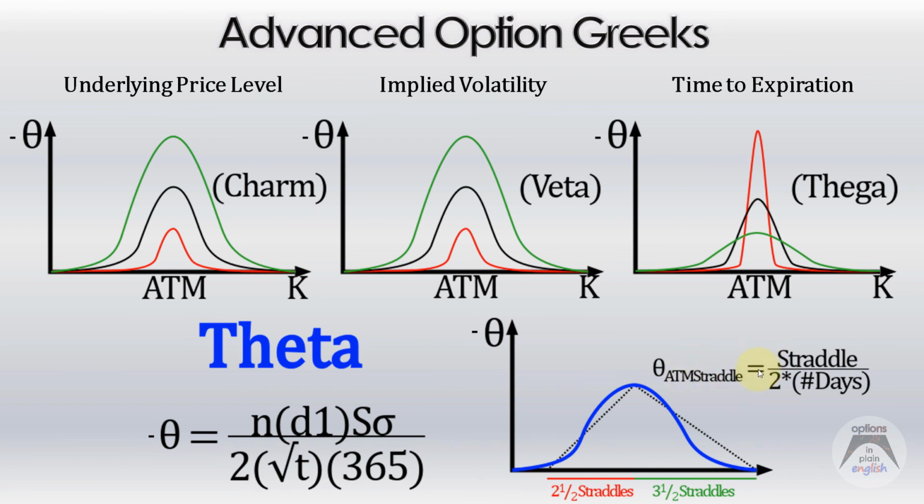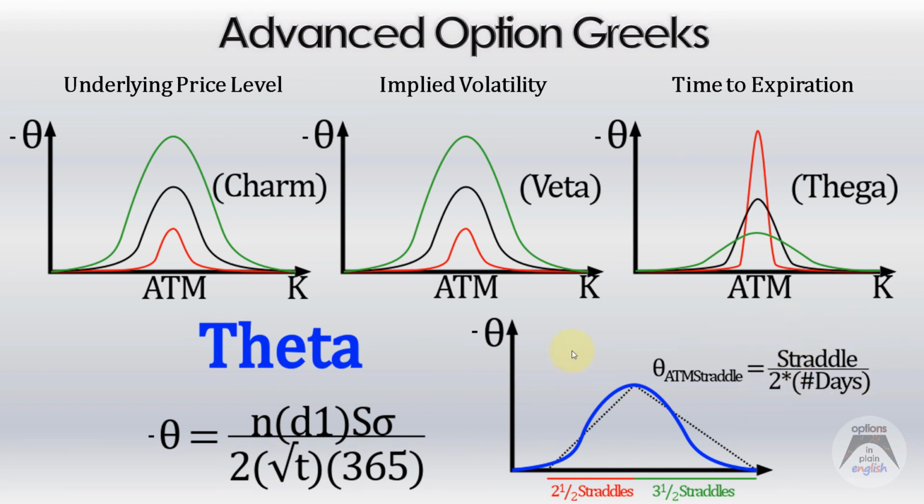So it's going to be equal to the value of the straddle divided by 2 times the number of days, and this approximation is going to be valid up until maybe 2 or 3 days before expiration. Any time after that, it's better if you actually calculate the theta using Black-Scholes or using your platform, because of this explosion in value, it's not going to be very close now to the approximation.